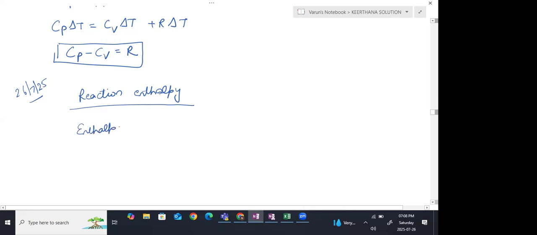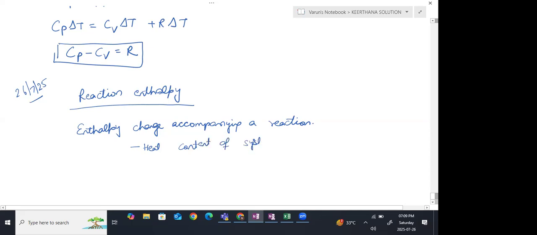Enthalpy change accompanying a reaction. Can we say this thing? That is reaction enthalpy, right? Or we can say the heat present in the system, or heat content of any system, is my reaction enthalpy. Can I say this thing?